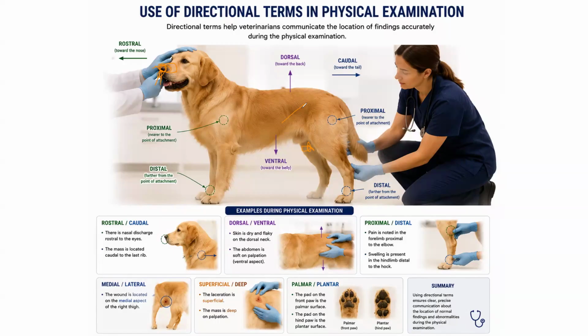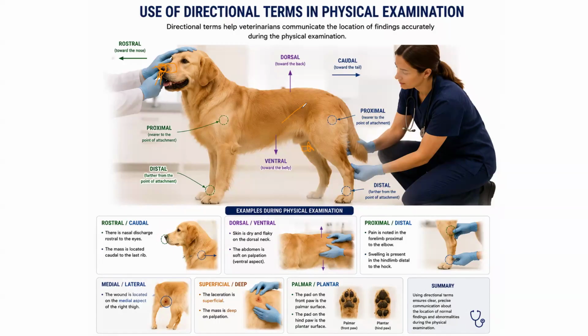Okay? So a mass could be present on the thigh, deep within the thigh. And the only way you can identify that mass is by palpating. So you see, directional terms are used in physical examination to help veterinarians communicate the locations of findings accurately during physical examination.